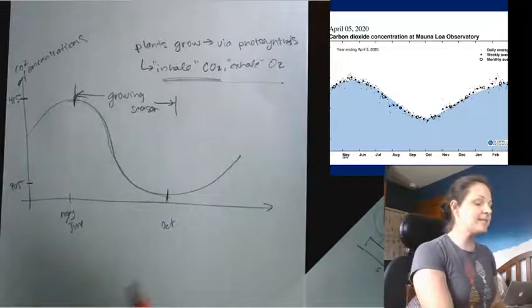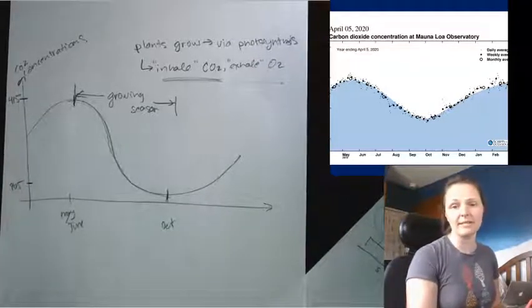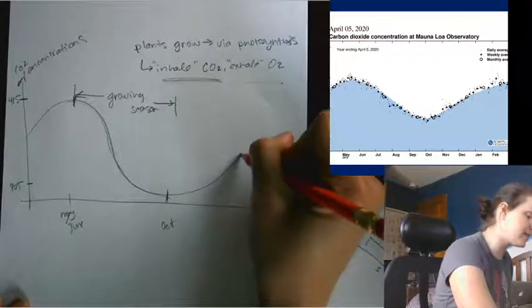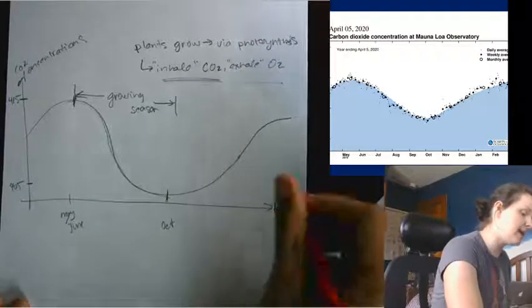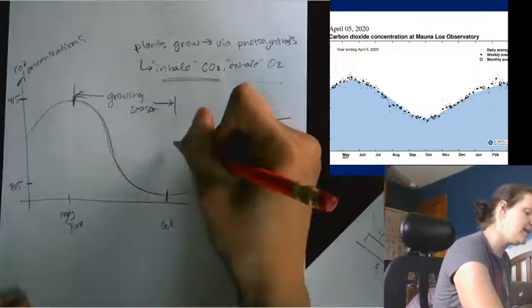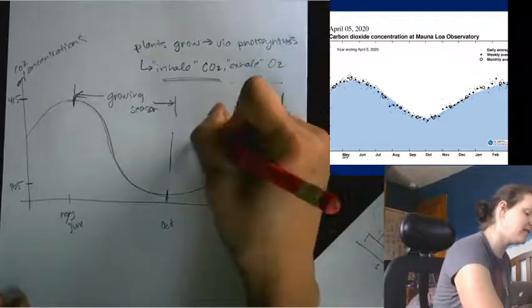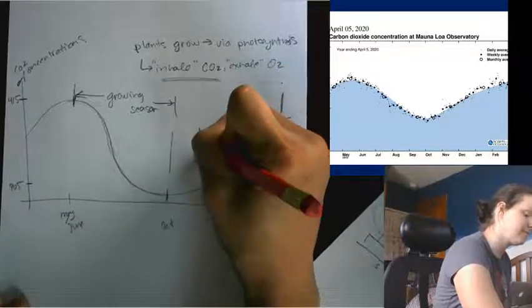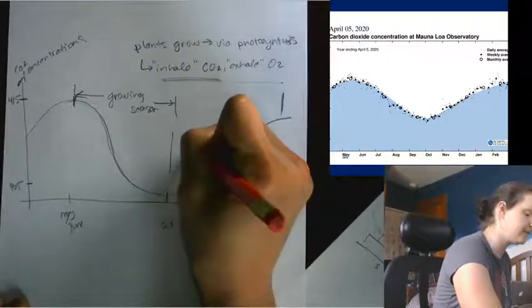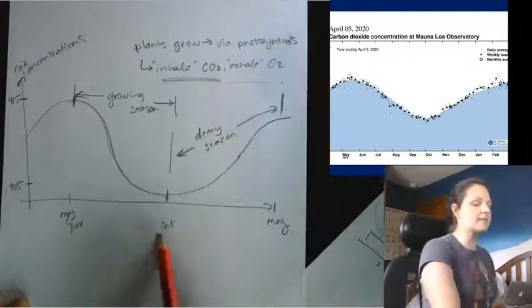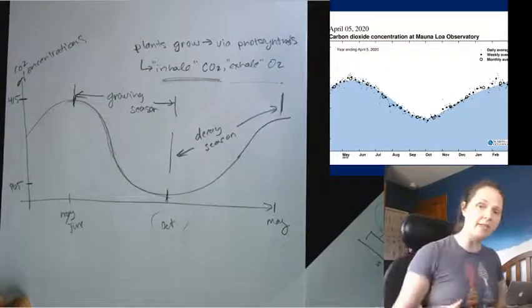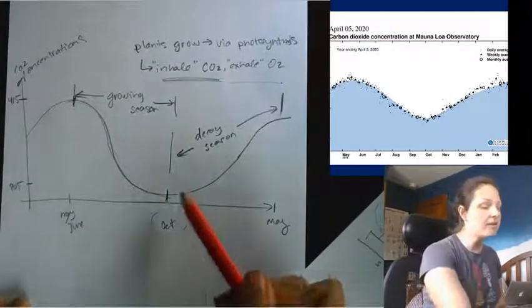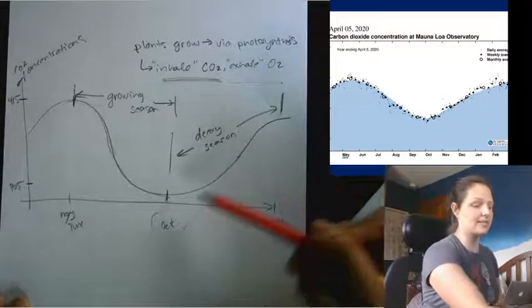What happens in October? Well, that's when the plants start to die. So I'll extend this out so we can go back up to May. This is the decay season, winter, whatever it is. October happens, the leaves all turn colors and fall down to the ground, and they start to break down. Nothing is growing during this time of the year.